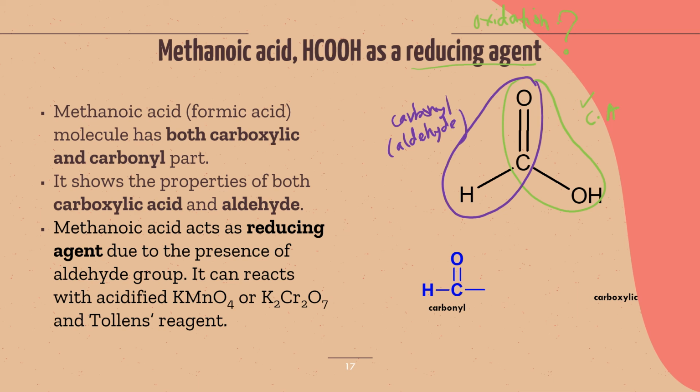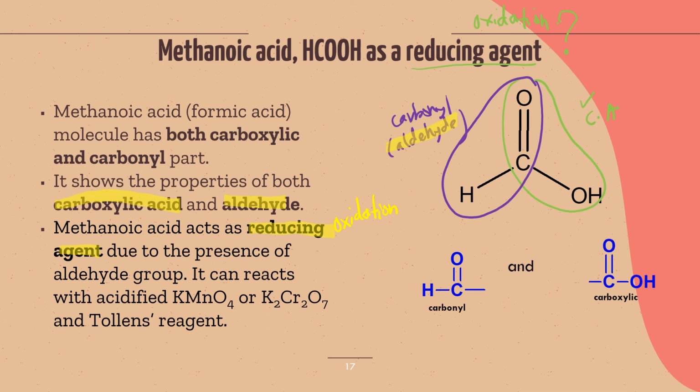So methanoic acid shows both properties of carboxylic acid and aldehyde. So since we have presence of aldehyde in the structure of methanoic acid, so methanoic acid can act as reducing agent. So act as reducing agent bermaksud methanoic acid can undergo oxidation. Okay, walaupun it is one of the carboxylic acid.